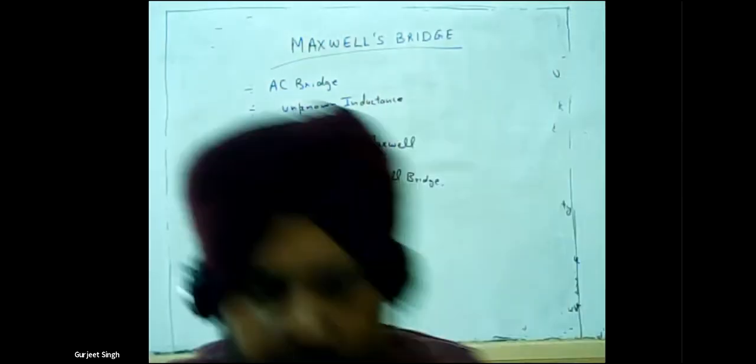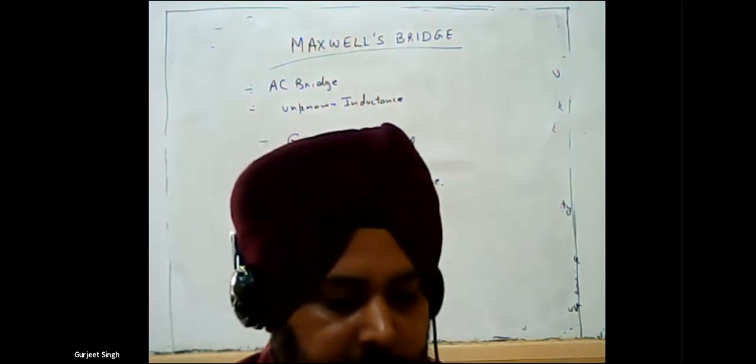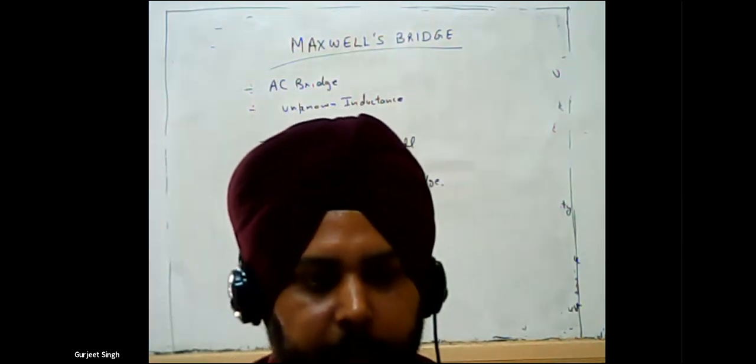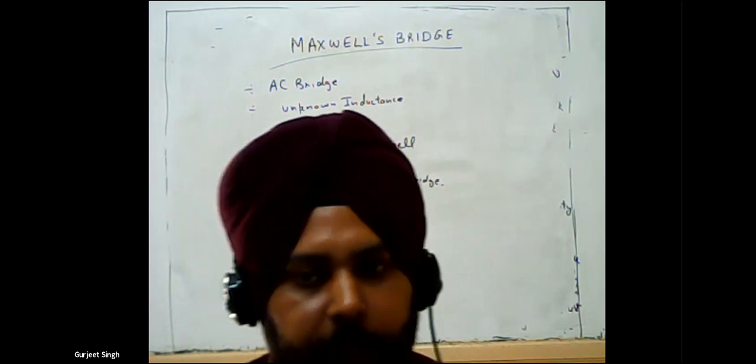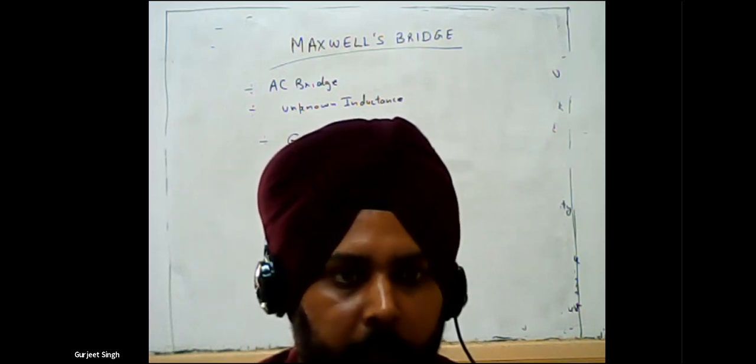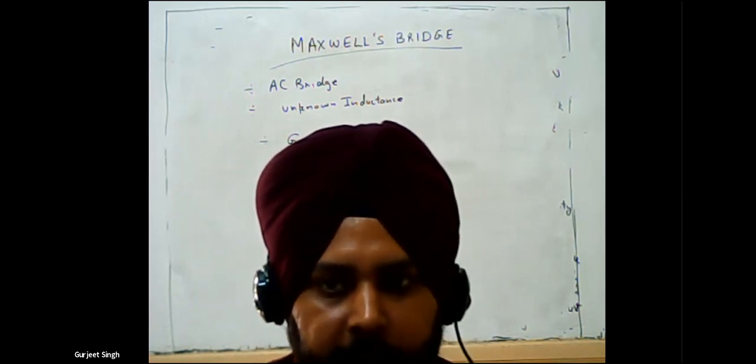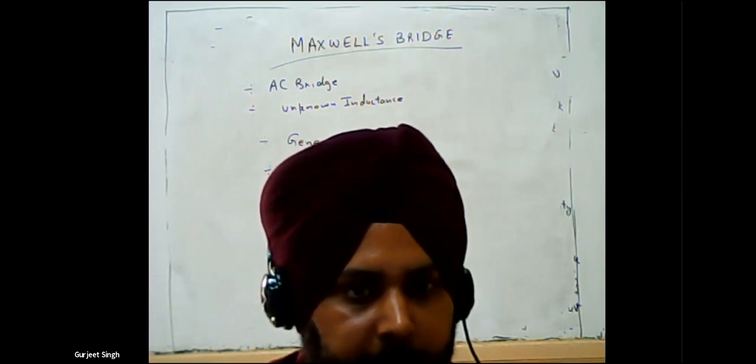The modified Maxwell bridge is also called the Maxwell inductance capacitance bridge, because we find the value of the unknown inductance as compared with a capacitance.